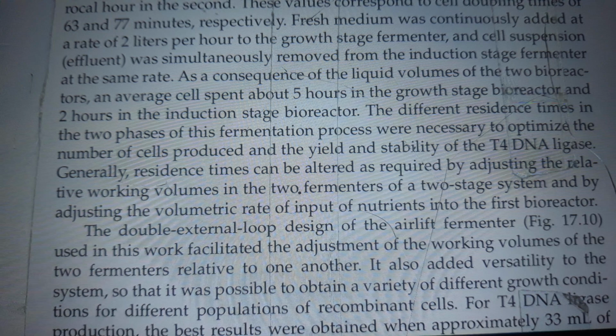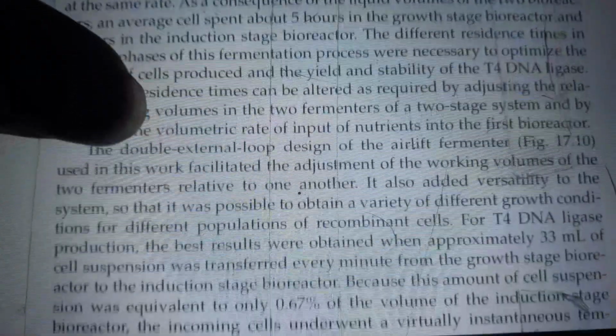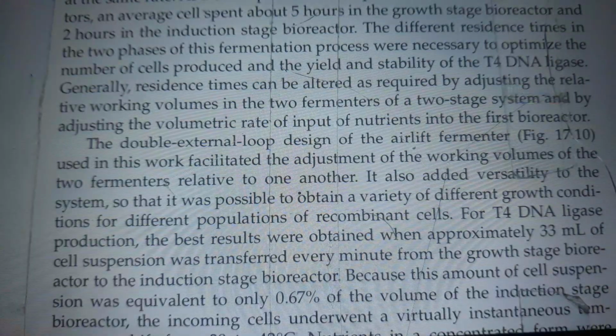Fresh medium was continuously added at a rate of 2 liters per hour to the growth stage fermenter, and cell suspension effluent was simultaneously removed from the induction stage fermenter at the same rate. As a consequence of the liquid volumes of the two bioreactors, on average, cells spend about 5 hours in the growth stage bioreactor and 2 hours in the induction stage bioreactor.